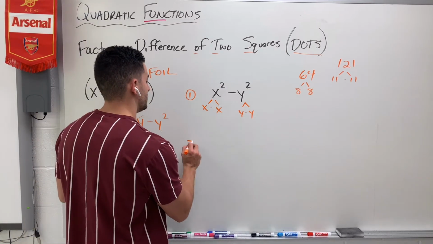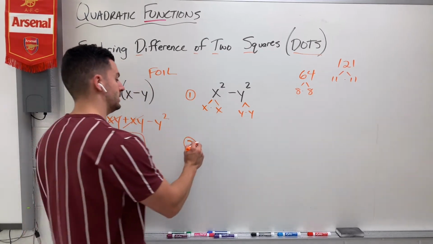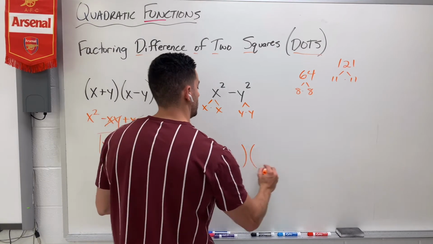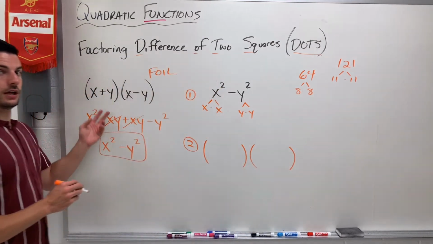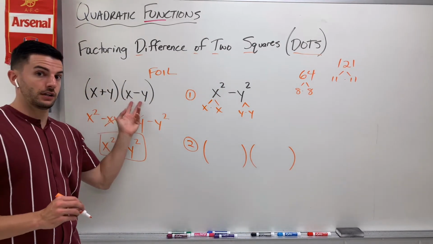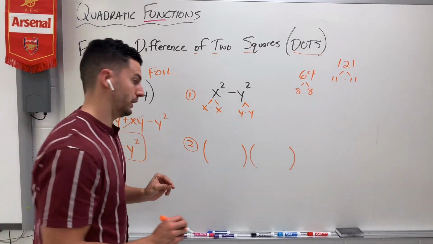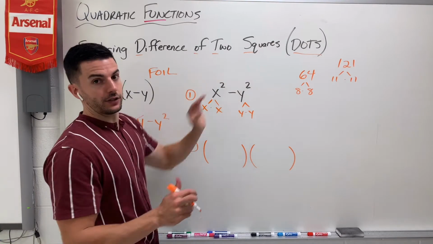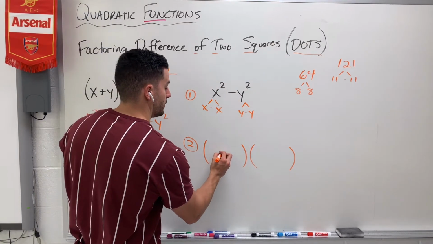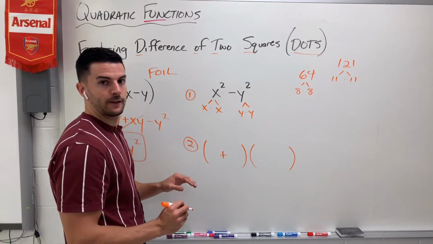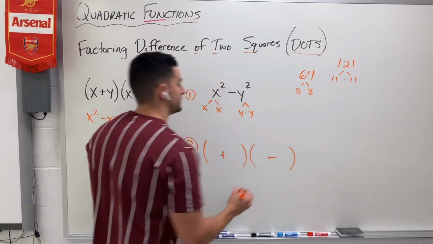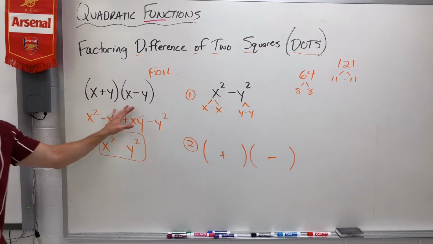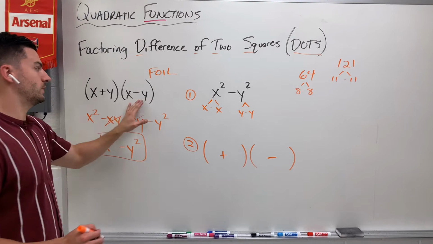And then step two is just very easily breaking it up into these two groups. Again, I said it's the reversal of this, so there's a pattern here. Within DOTS factoring, it's always going to end up as one of the groups is a plus and one of the groups is a minus. You notice that this example had that.